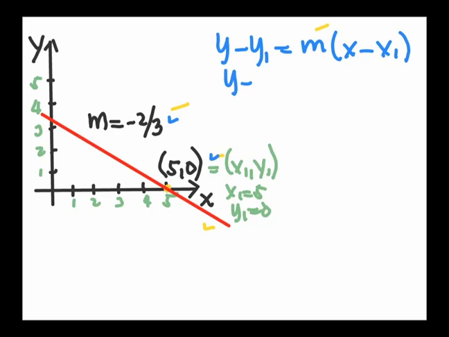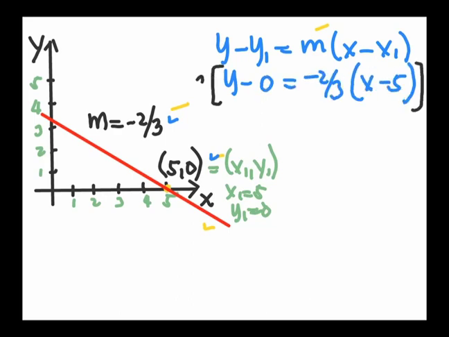Now, to simplify further, we can multiply the whole equation by the LCM of the fractional terms, which is of course 3. So that, simplifying further, we'll now have 3y is equal to negative 2 times x minus 5, right?